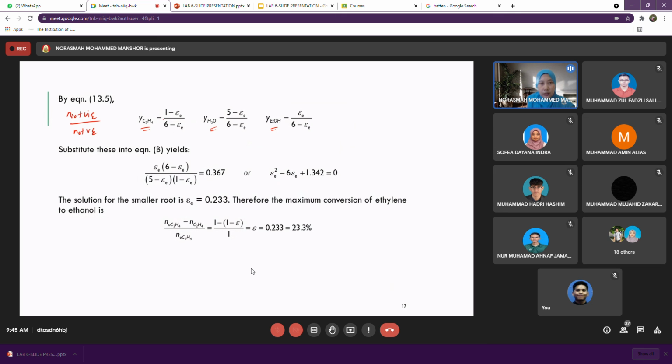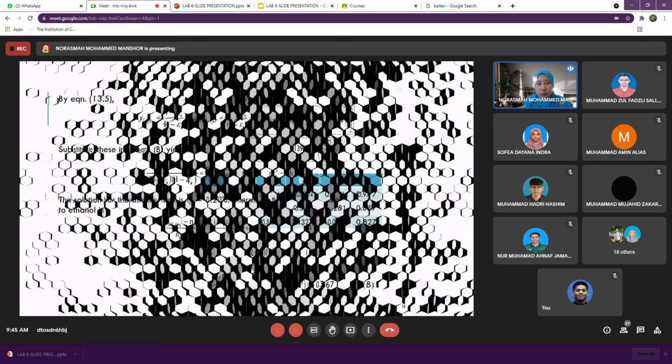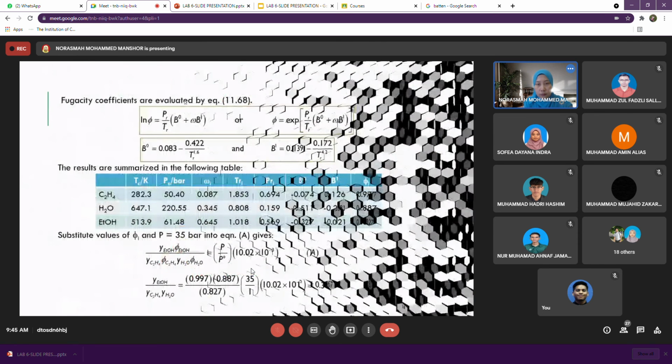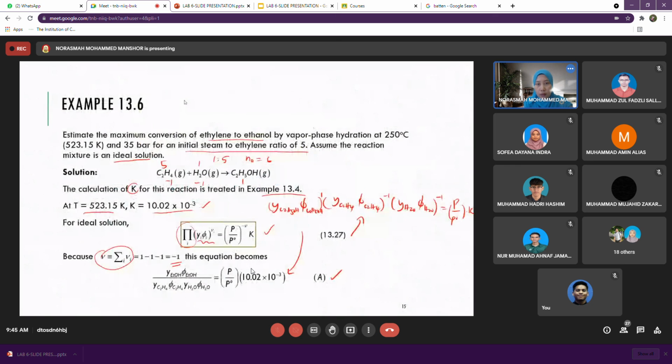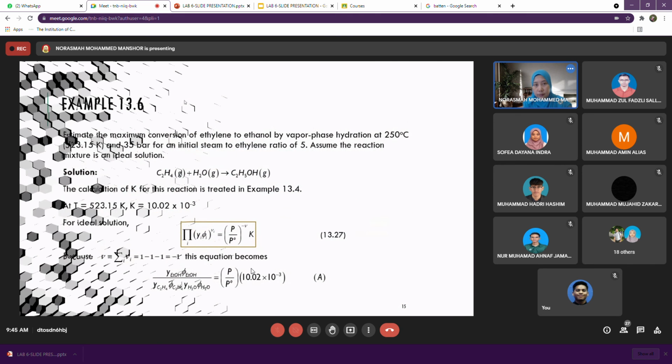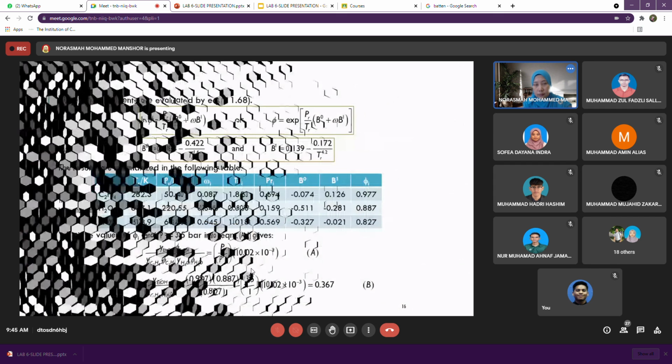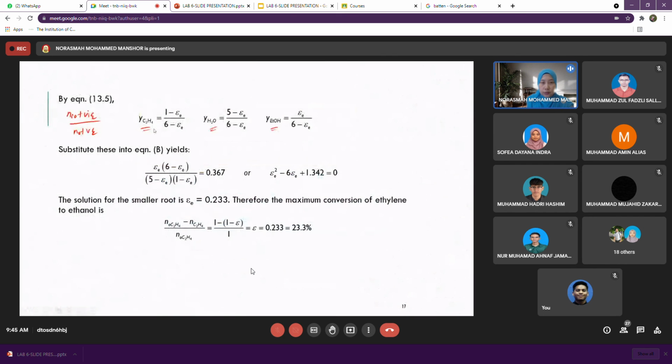So ni untuk C2H4 dia bagi ratio tadi 1 to 5 kan. Okay, 1 H2O, 5 C2H4 ethylene. So C2H4, terbalik ya saya.